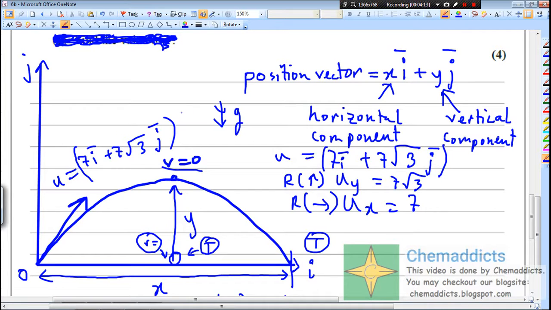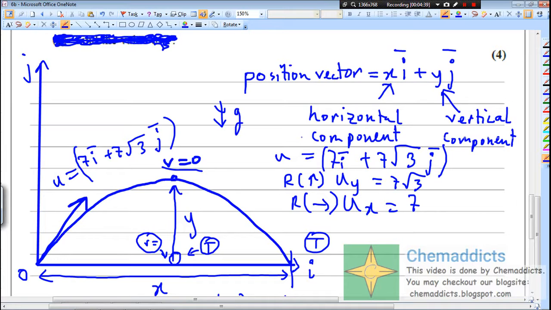Don't worry, I'm going to put the link to the previous video at the end of this video tutorial. For now, just have a look. Here is the initial velocity, and the position vector is also already given, x i, y j.